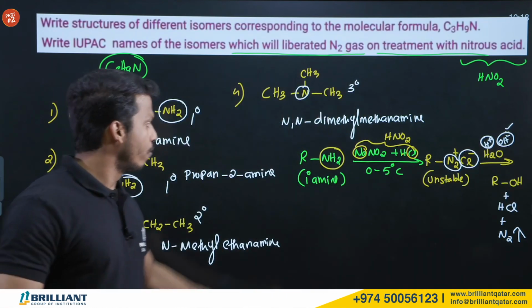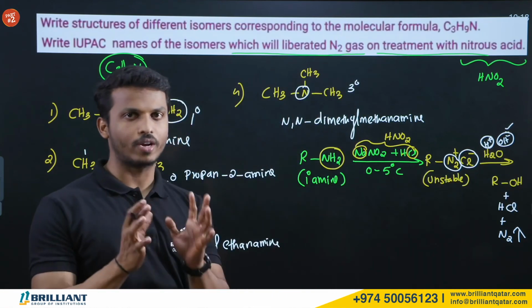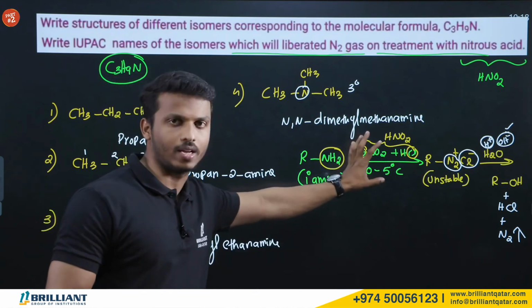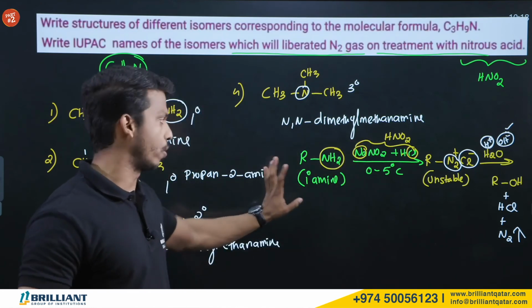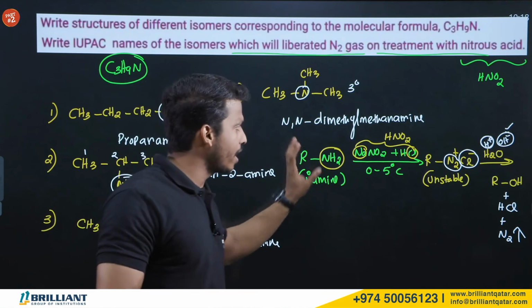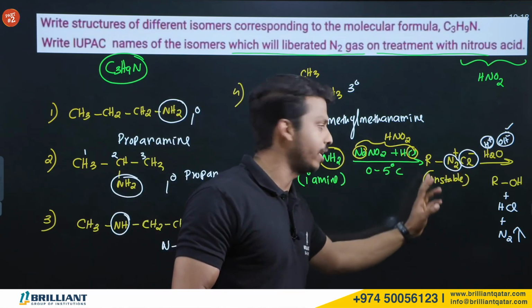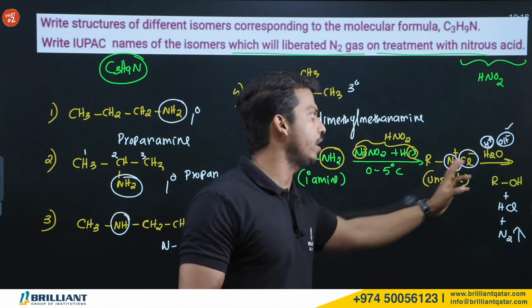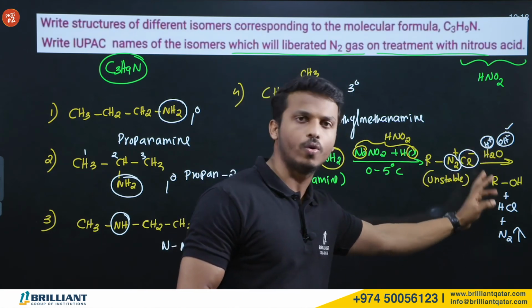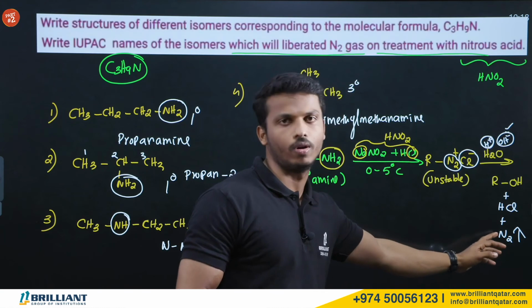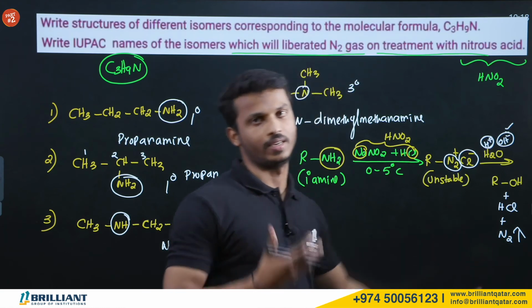So generally, the reaction of nitrous acid is mostly with primary amines only. When a primary amine reacts with nitrous acid, it gives a diazonium salt. It is very unstable. Immediately it reacts with water and gives you alcohol with the evolution of nitrogen gas.